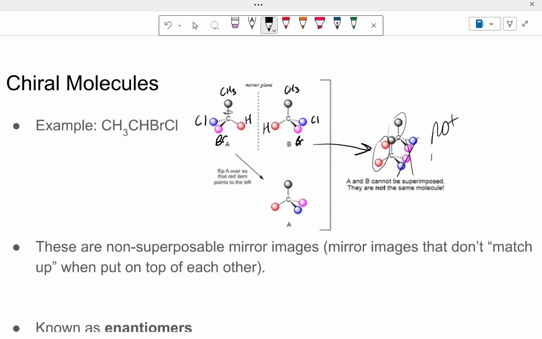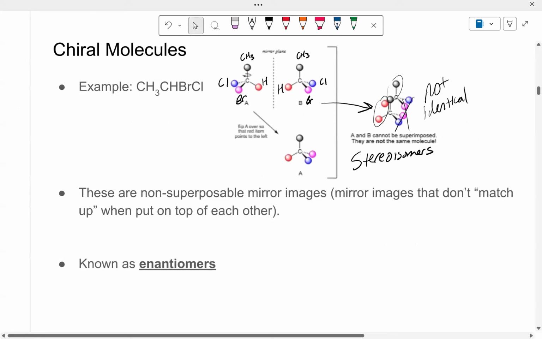So these two compounds are not identical, even though they have the same atoms connected to the same carbon, but their orientation in three-dimensional space is different. That's why we call them stereoisomers. So these are two molecules that have a different orientation in three-dimensional space.